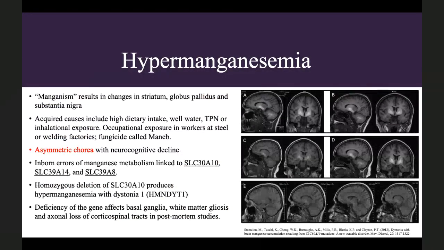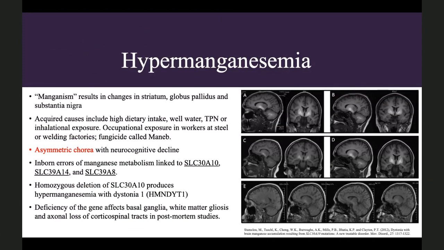Then we move on to hypermanganesemia. So manganism results from changes in the striatum, globus pallidus, and substantia nigra. We see a lot of acquired causes in our daily practice, with high dietary intake, exposure to well water, total parenteral nutrition, and inhalational exposure.